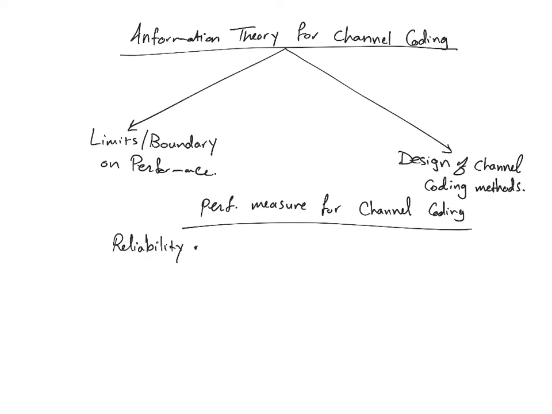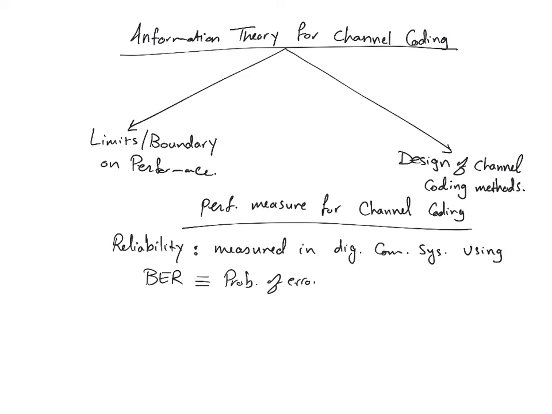And reliability is measured in digital communication systems using bit error rate, or it's also called probability of error, which is typically given the symbol PE.